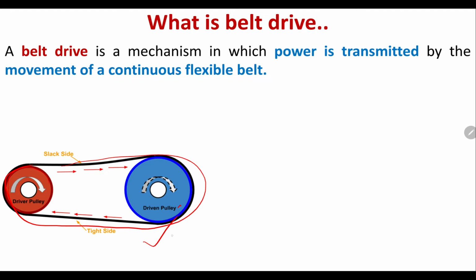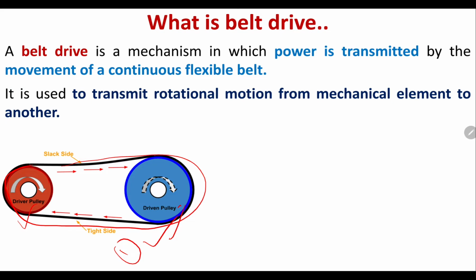In this particular case, the direction of rotation of the driver pulley is the same as the direction of rotation of the driven pulley, and power is transmitted from the driver pulley to the driven pulley, and for that purpose a continuous flexible belt is utilized. So belt drive is used to transmit rotational motion from one mechanical element to another element, to transmit power as well as to transmit the rotational motion.